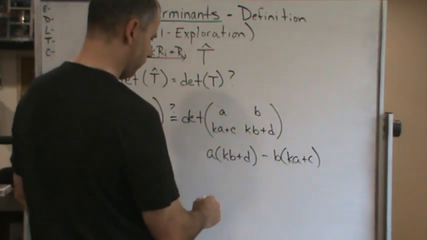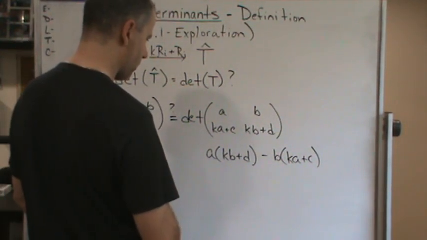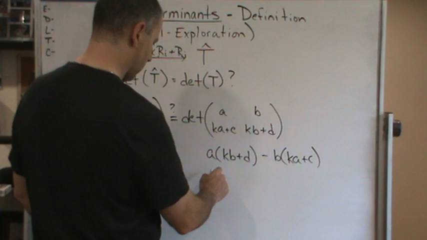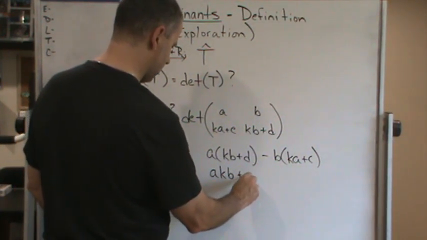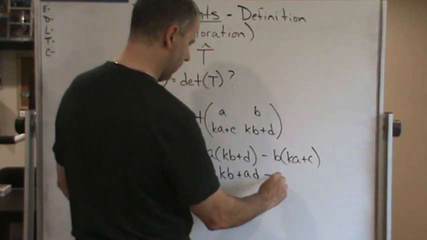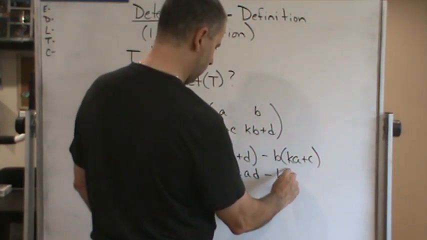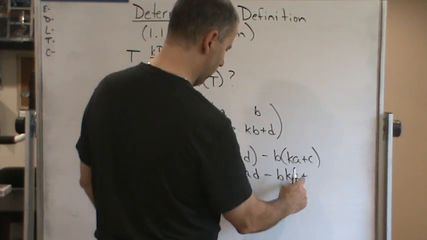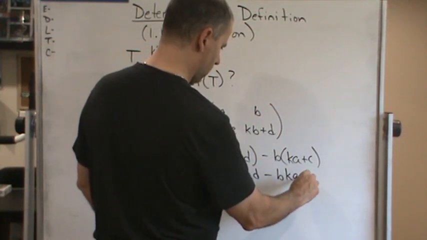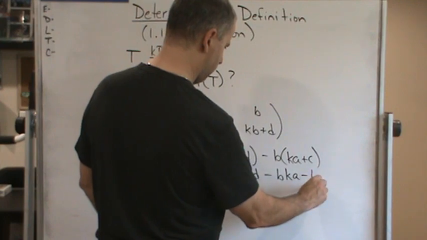And what do we get here? Let's distribute. We get AKB plus AD minus BKA, minus BC, because we're distributing.